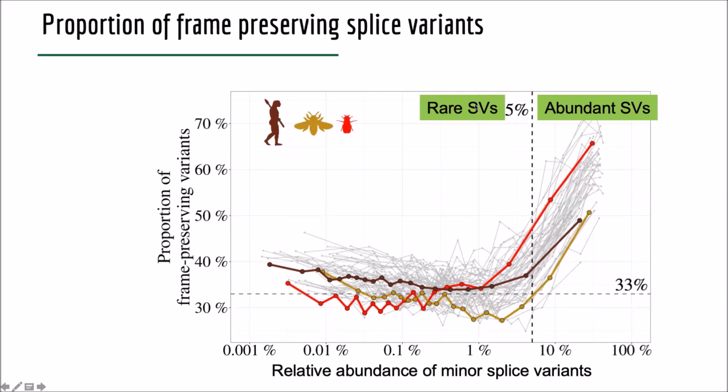While for the rare splice variants, those below this threshold, we see no evidence for enrichment in frame-preserving variants. So we have these two sets of splice variants: the abundant ones that are enriched in functional variants and the rare ones that are not.